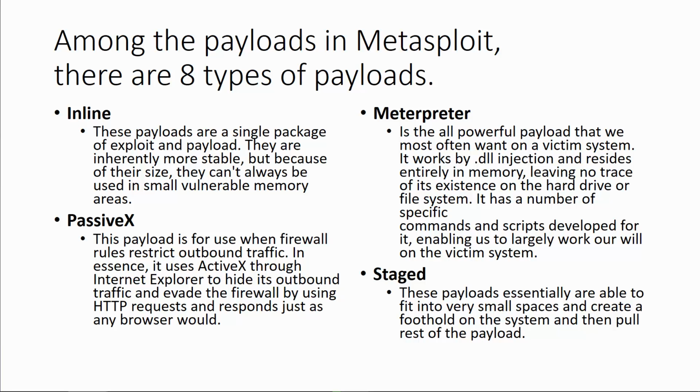They're going to need more memory than other ones. PassiveX. This payload is for when a firewall rule restricts outbound traffic. In essence, we use ActiveX through Internet Explorer to hide its outbound traffic and evade the firewall by masking HTTP requests.